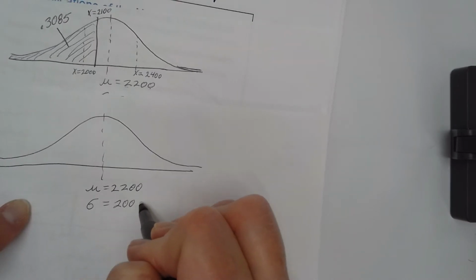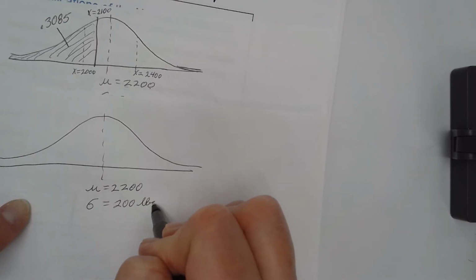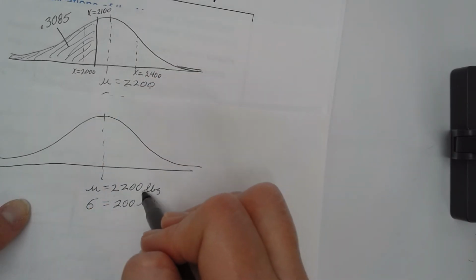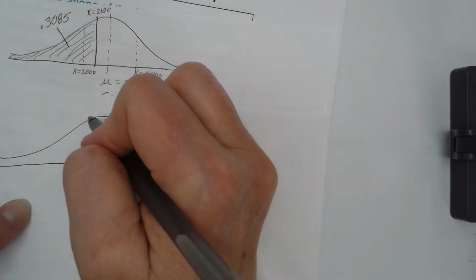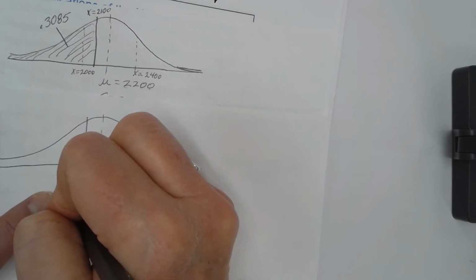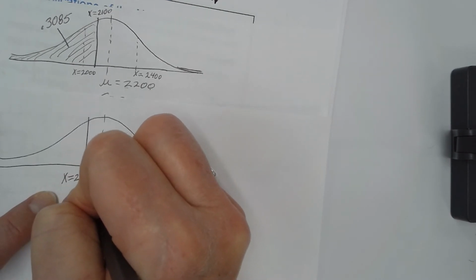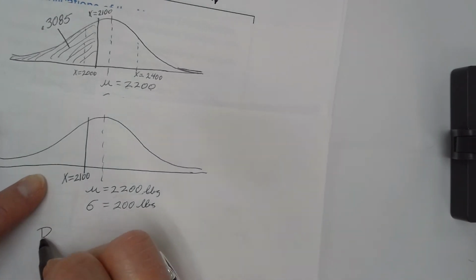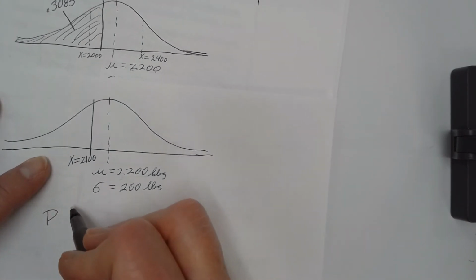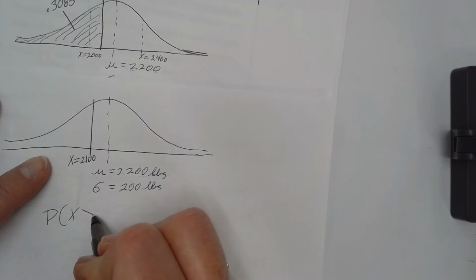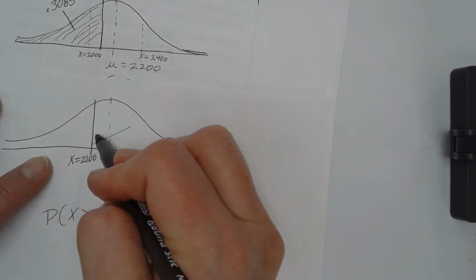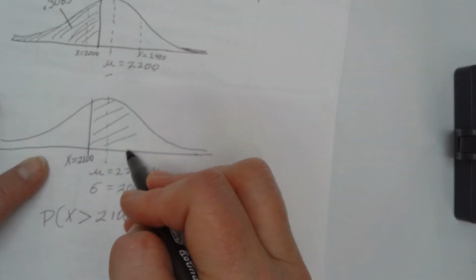The standard deviation was 200 pounds. So 2,100 pounds is less than the mean, so it's over here. So x equals 2,100 pounds. If I want the probability that the weight of the giraffe is greater than 2,100 pounds, I would be looking at the area to the right over here.